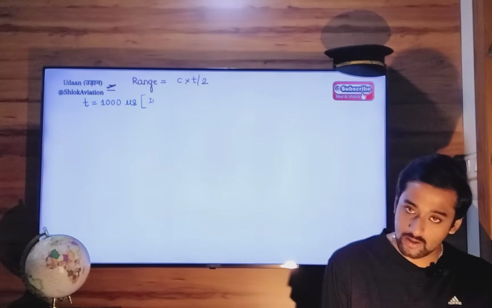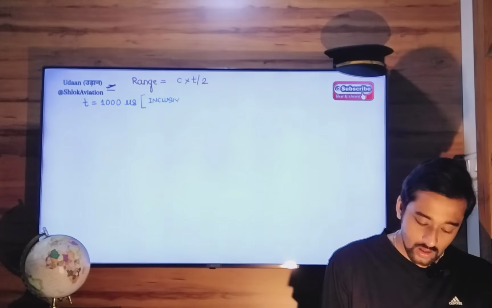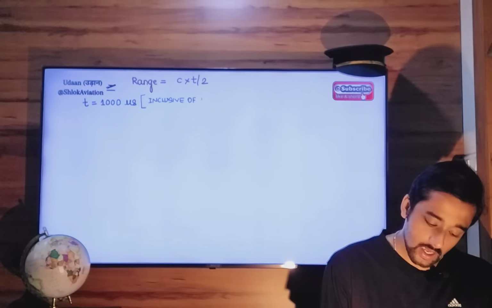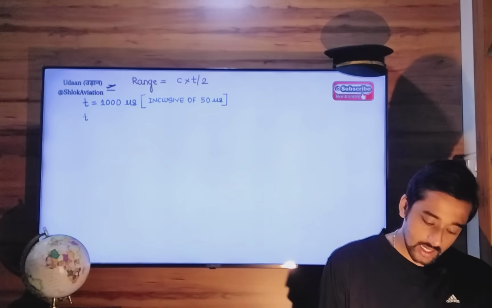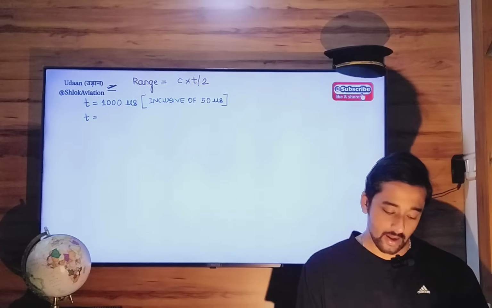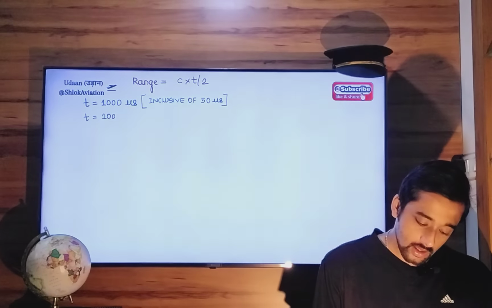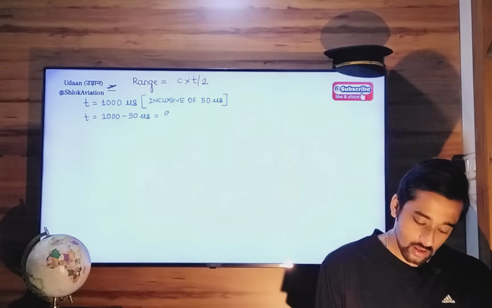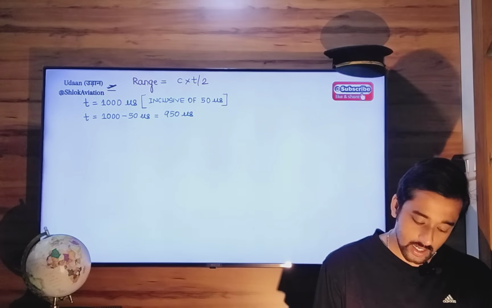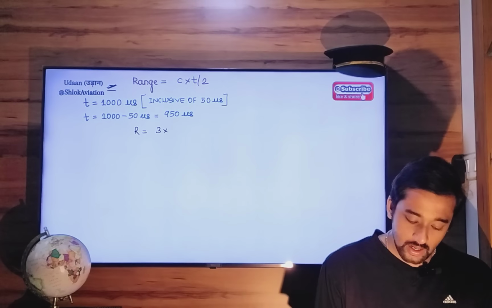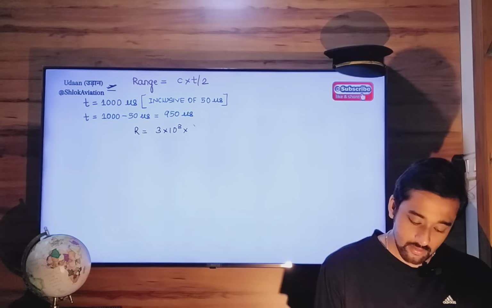It is inclusive of 50 microseconds. So actual time taken for the signal to go and come back will be 1000 minus 50, that is 950 microseconds.